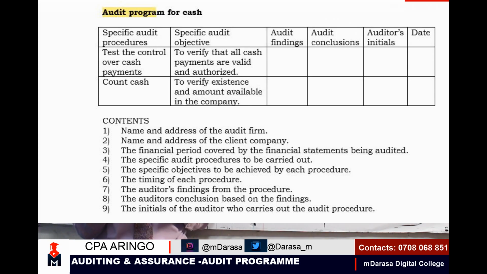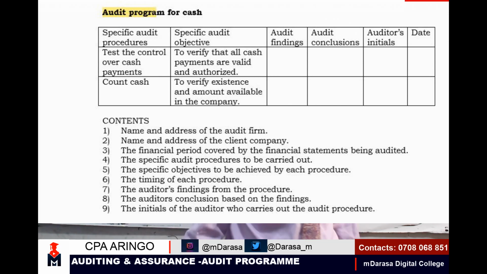Below there, I've clearly demonstrated some of the content of the audit program. The content of the audit program will include the name and address of the audit firm, the name and address of the client company, the financial period covered by the financial statements being audited, specific audit procedures to be carried out, specific objectives to be achieved by each procedure, timing of each procedure, the auditor's findings from the procedure, the auditor's conclusion based on the findings, as well as the initials of the auditor who carries out the audit procedure.